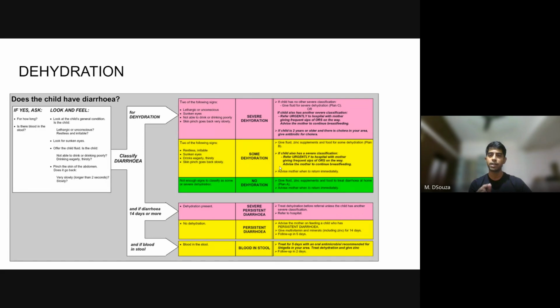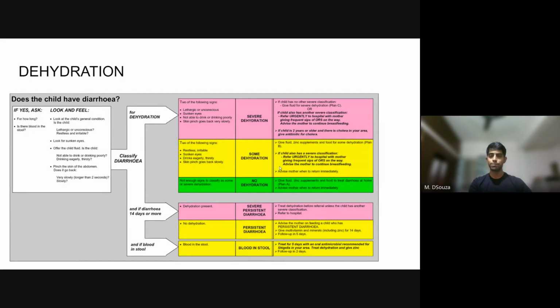So ask them to have half of that tablet, and you could advise them to crush it and give it along with water. Or if your centers have ZND or any zinc syrup, giving them 0.5 ml of a 20 mg syrup once a day for 14 days. And for children older than 6 months, giving them 1 full ml once a day for 14 days is what you would advise for a no dehydration correction.